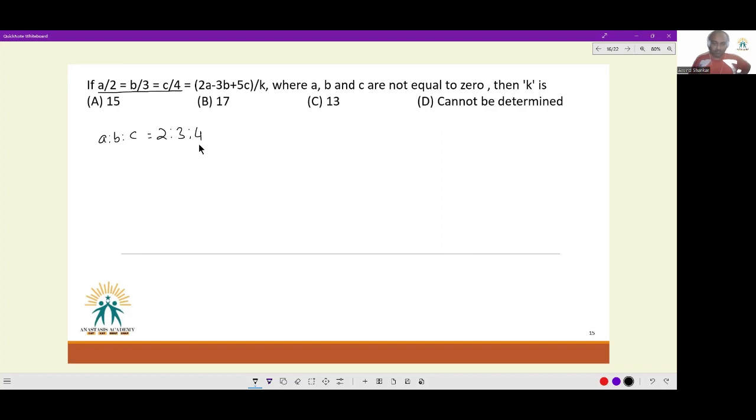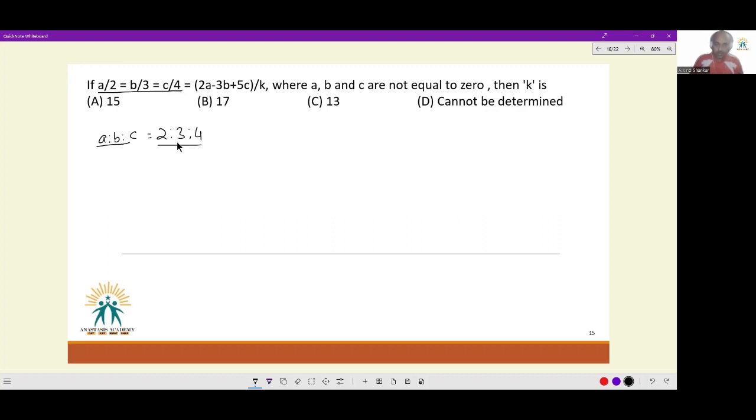What this helps us achieve is, see, A by 2 is equal to B by 3 is equal to C by 4. Forget the last term right now. All of this would have been identical if A was equal to 2, B was equal to 3 and C was equal to 4. So I know A is to B is to C is 2 is to 3 is to 4.